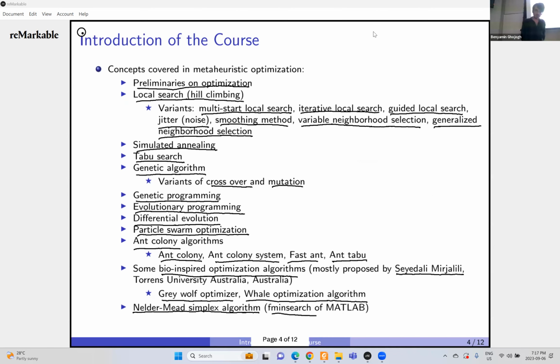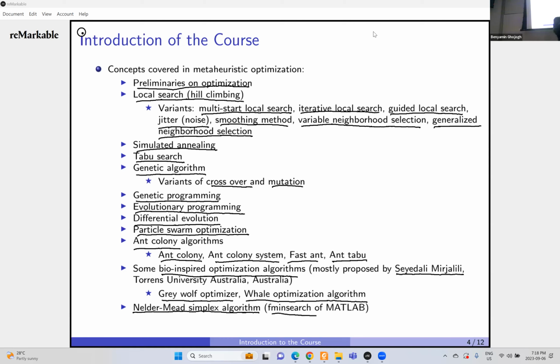Okay. Also, metaheuristic optimization. I will briefly talk about it, just a brief introduction. What is that? Assume I have some cost function. I want to optimize it, right? There are at least two ways to do optimization.